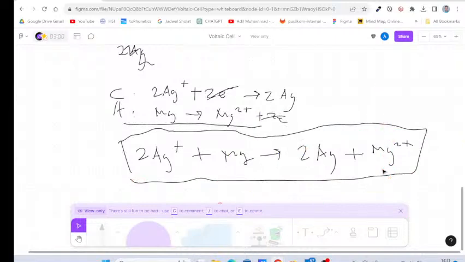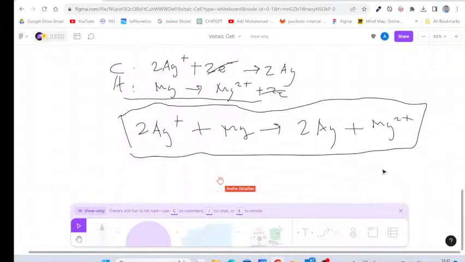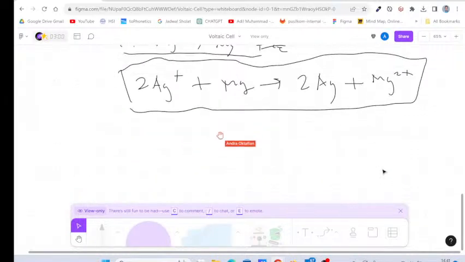Okay, great. From that point, we need to rewrite the voltages of silver and magnesium. Can you guys give me a clue about the voltage between the two of them?